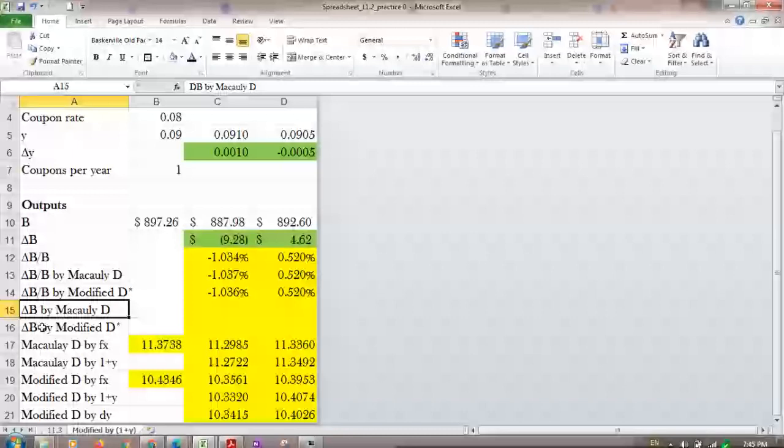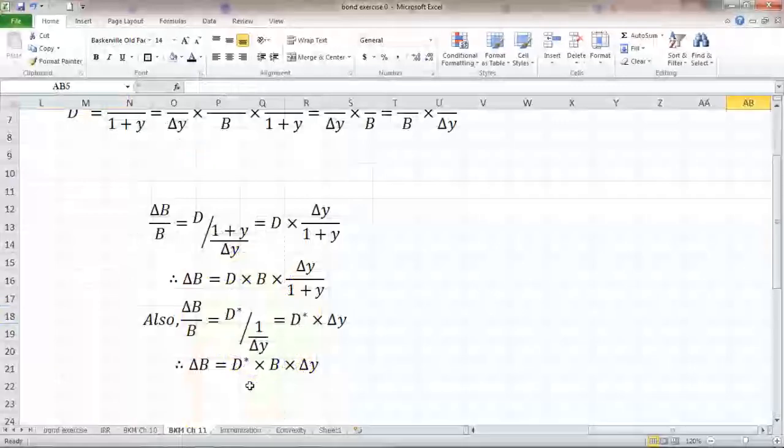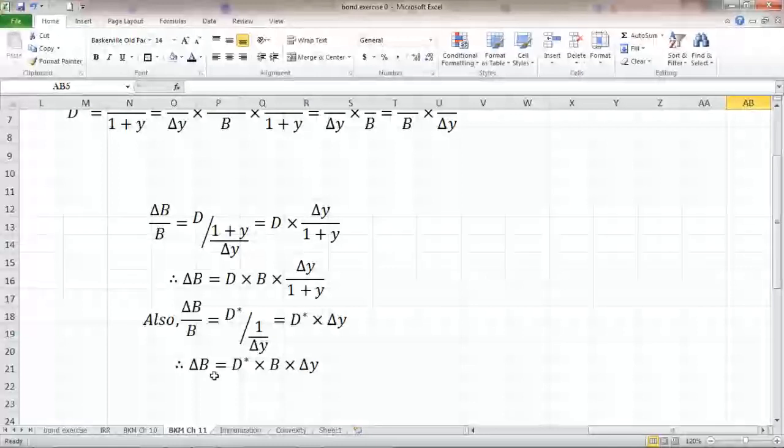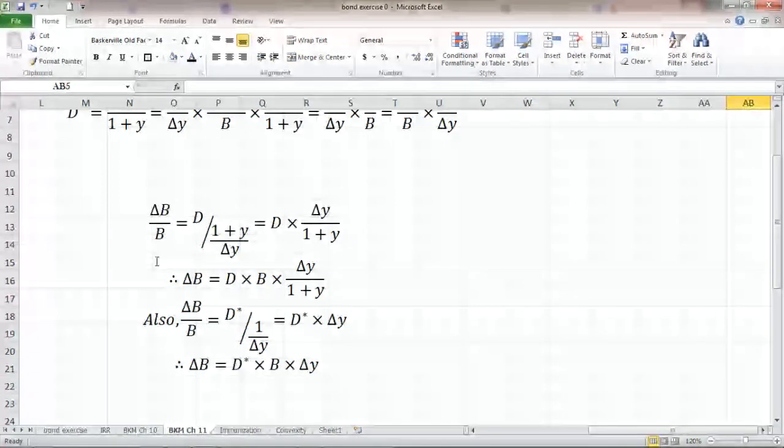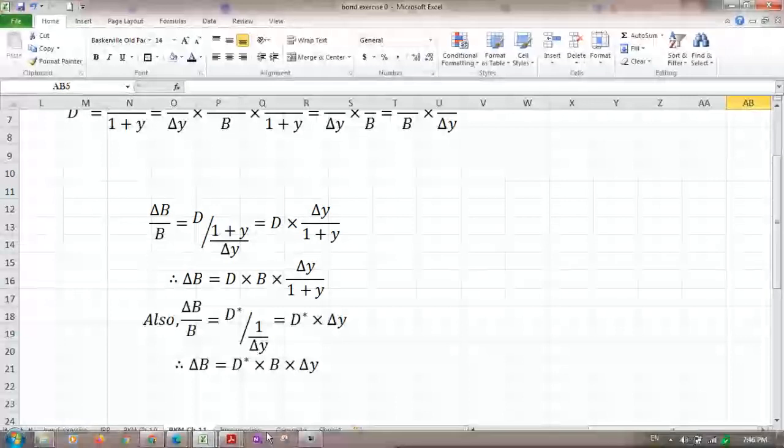So here, by Macaulay duration change, you simply need to multiply this to the right-hand side, B. So D times B. In other words, we already have D times change in y over 1 plus y, which is this, a percentage change in bond price.